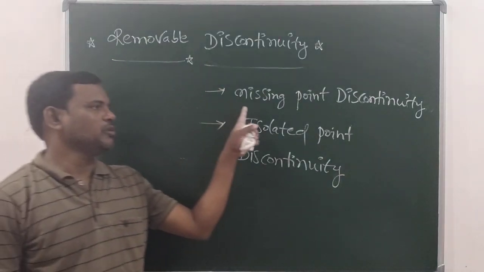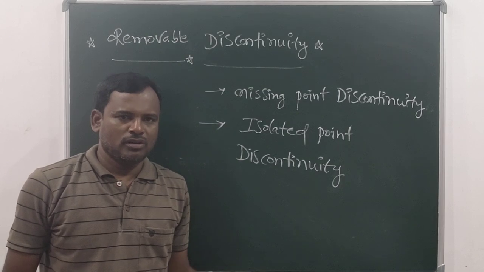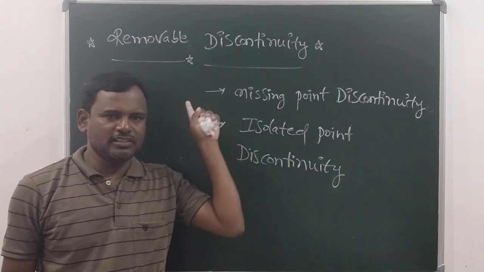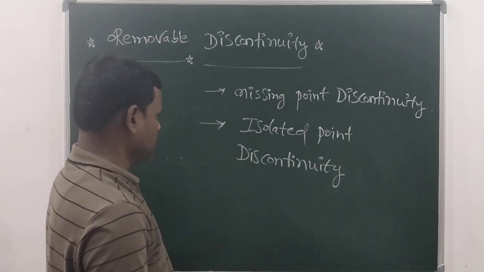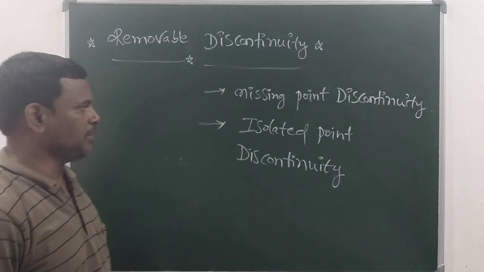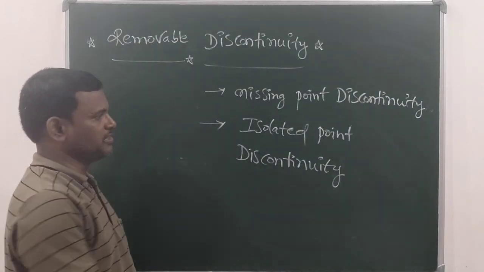So here we have two more types under this removable discontinuity. So now let us discuss this missing point discontinuity and isolated point discontinuity.